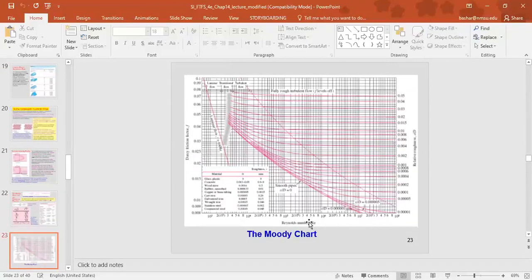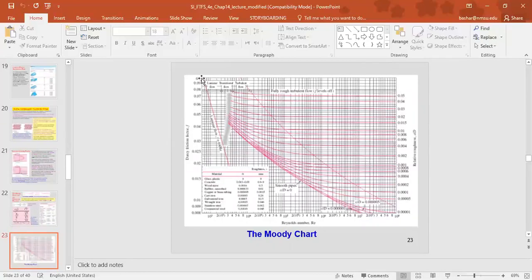In the Moody chart, we can see there are 4 parameters. We have the Reynolds number here on the bottom x-axis. On the right y-axis, we have the relative roughness, epsilon divided by the hydraulic diameter, while to the left, we have the friction factor, which has different names: the Darcy friction factor, or Darcy-Weisbach friction factor, or the coefficient of resistance, or simply the friction factor.